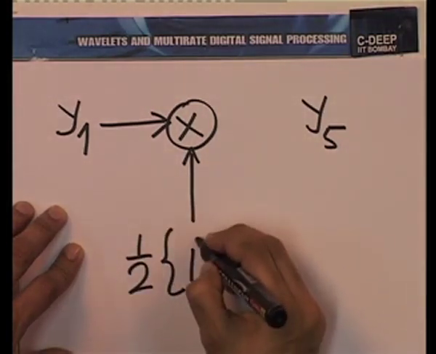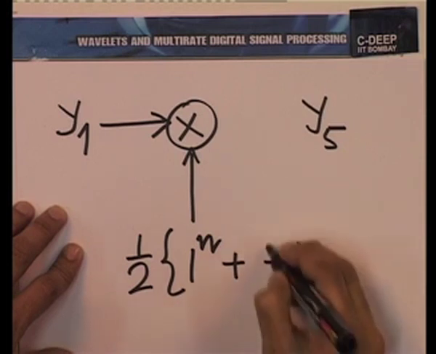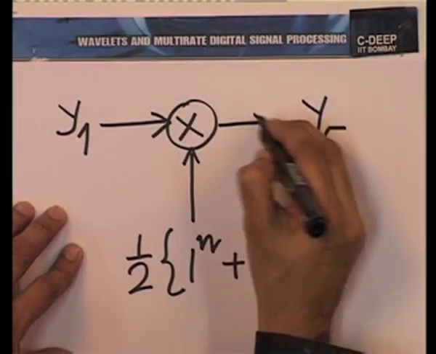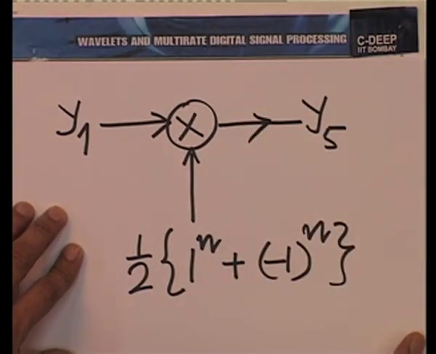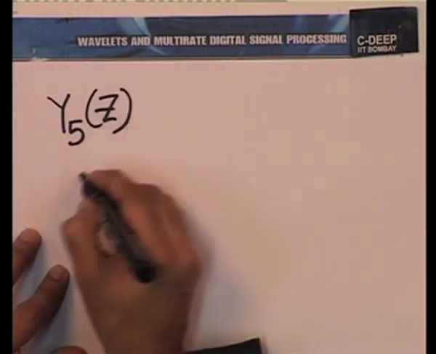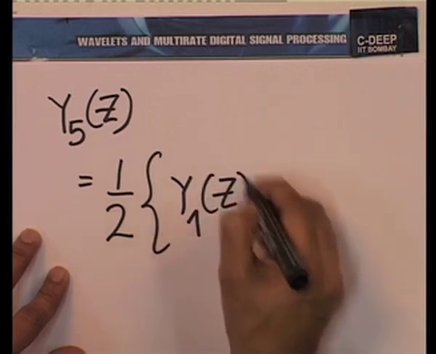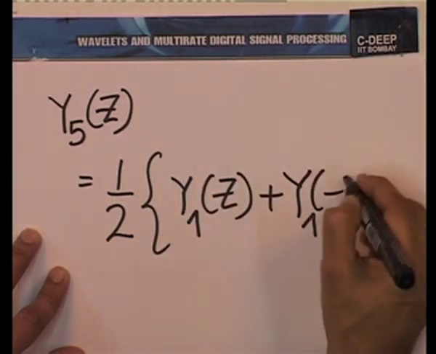Modulation by 1 raised to the power of n plus minus 1 raised to the power of n multiplied by half, and therefore, the Z transforms are easily related. y5 of Z is half y1 Z plus y1 minus Z.